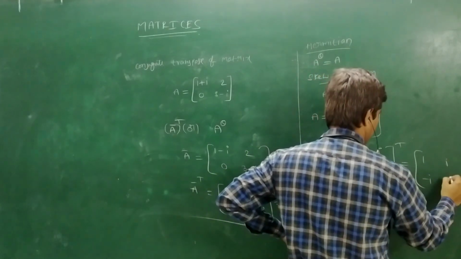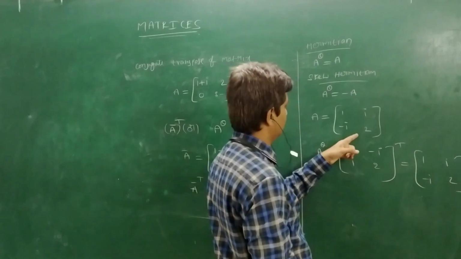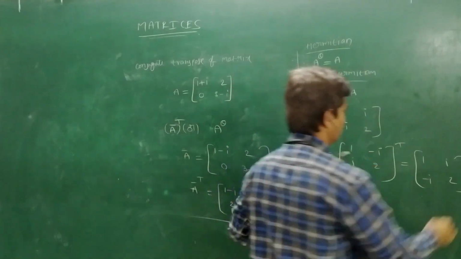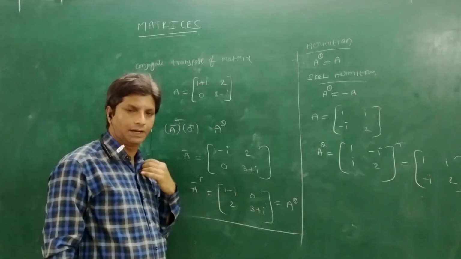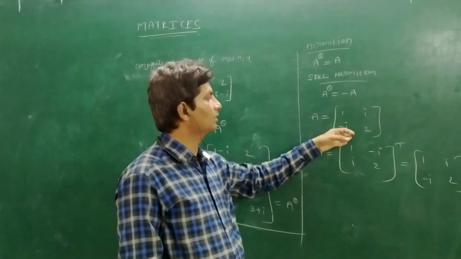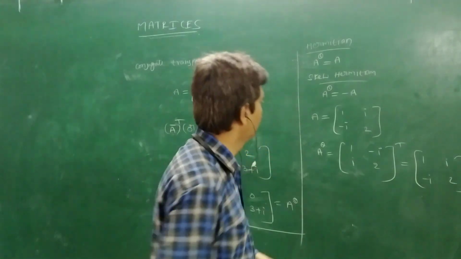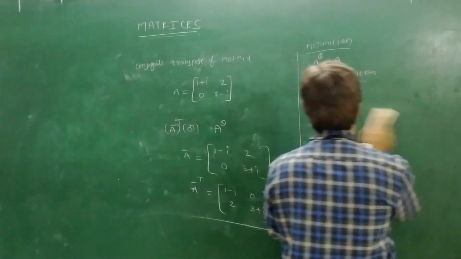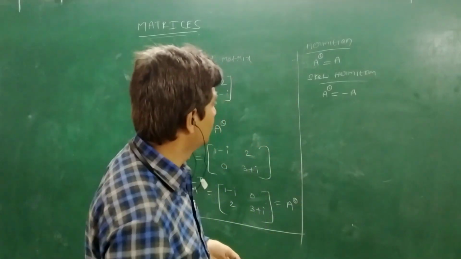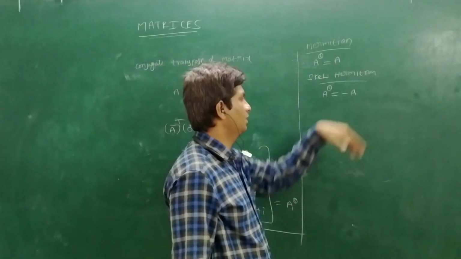Minus I. So we got the same matrix. See, 1, I, minus I. Since we got A power theta equal to A, this matrix is called Hermitian matrix. Right. We will write another example. Similarly, different kinds of examples for that. Simply, this arithmetic matrix is a Hermitian matrix.